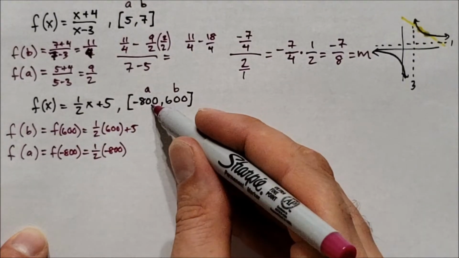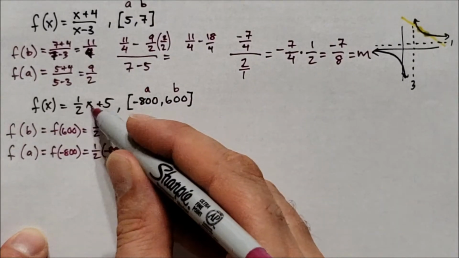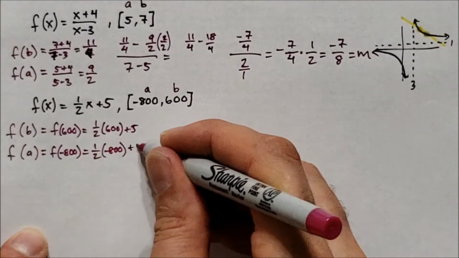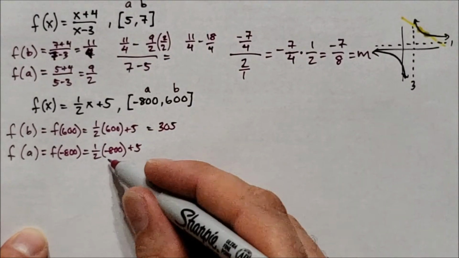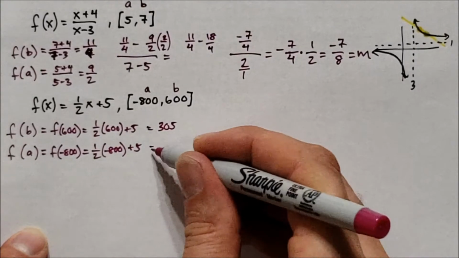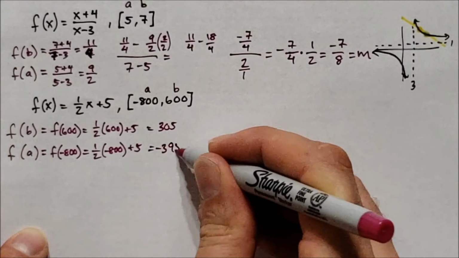We're just substituting the a or the b into our x values. Well, 300 plus 5 is 305. Negative 400 plus 5 is negative 395.